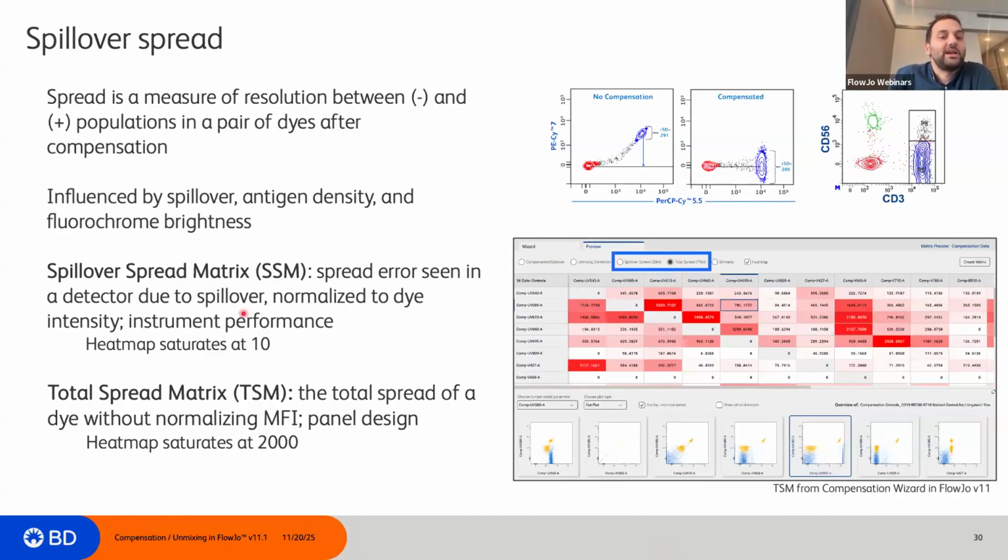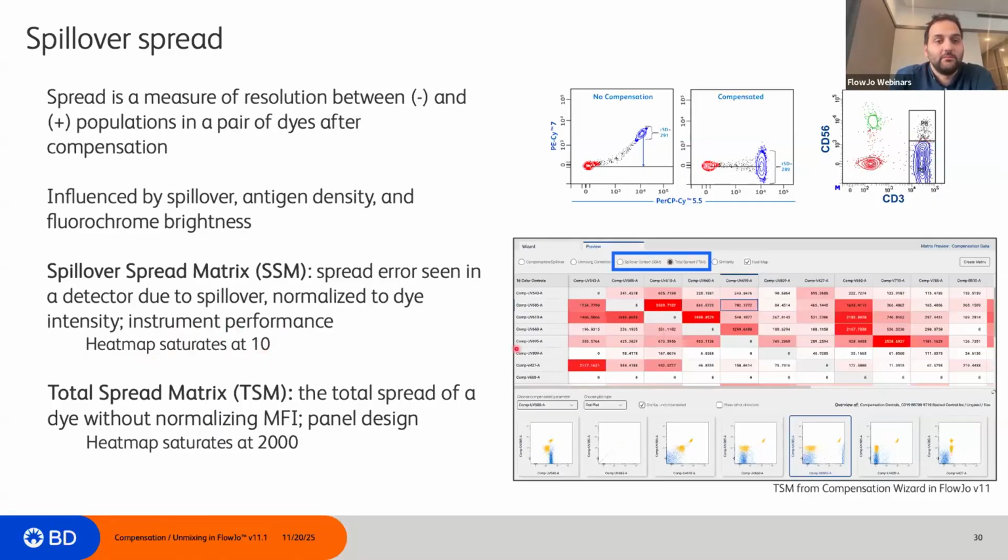And this is normalized to the dye intensity. It's normalized to the brightness. So it's more of a measure of the instrument performance rather than the panel design itself. So here we should avoid having values more than, we should have values less than 10.